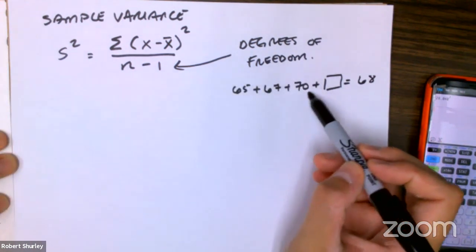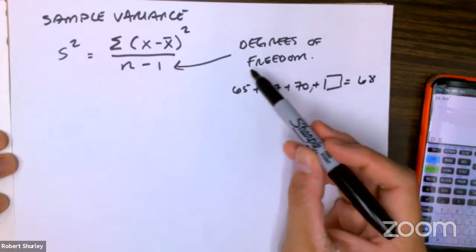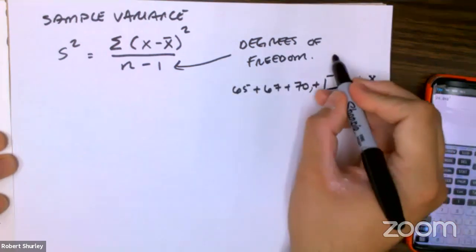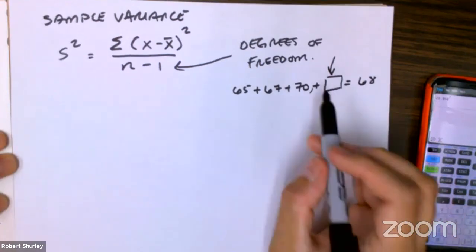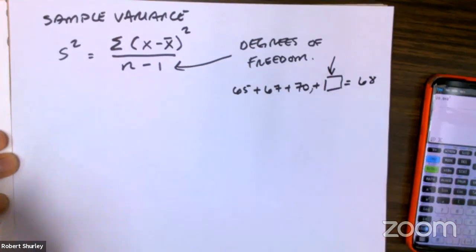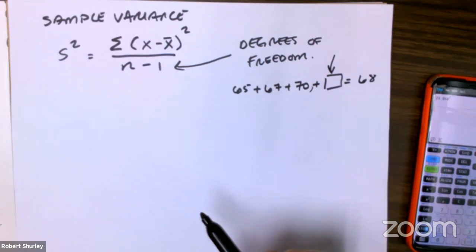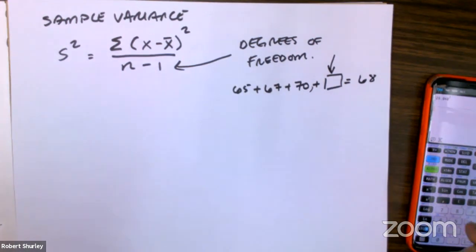What this is saying is these numbers can be whatever they want to be. They're independent. This last number is what creates the average, because whenever we add that number to it, we actually get the average number.